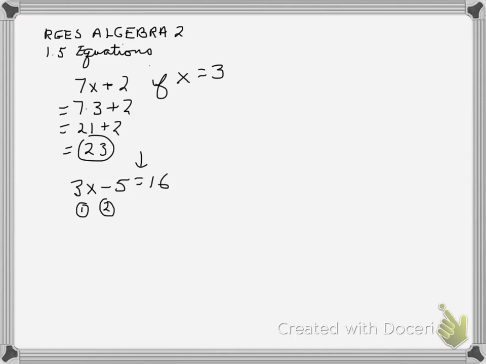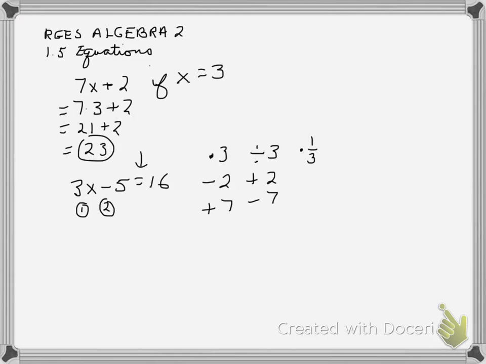What undoes multiplication? If I'm going to multiply by 3, what would undo that? Divide by 3, or multiply by the reciprocal. If I'm going to subtract a number, what would undo that? Adding the number. If I'm going to add a number, what would undo that? Subtracting the number.